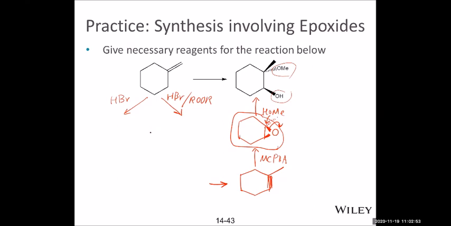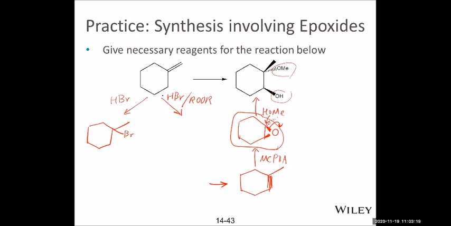Which one? Well, since this alkene is asymmetrical, and HBr only, no peroxide, should give us Markovnikov. Okay, so that should give me this product.